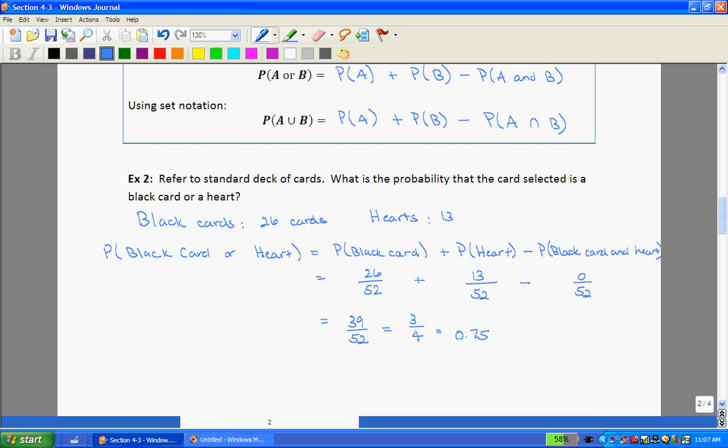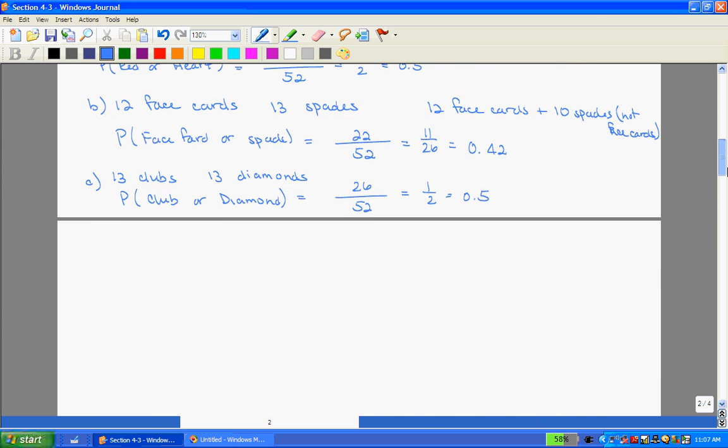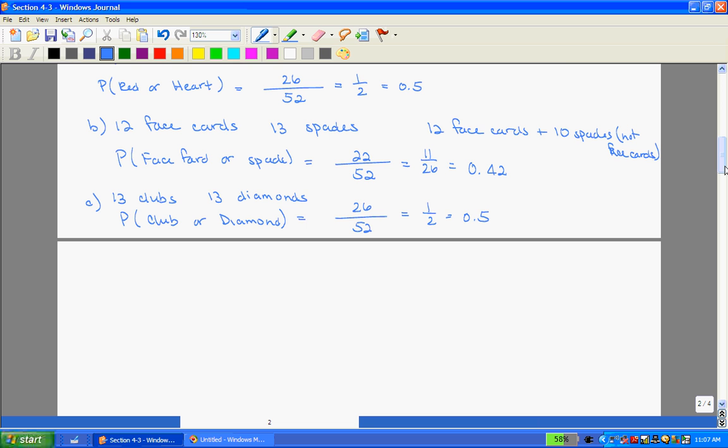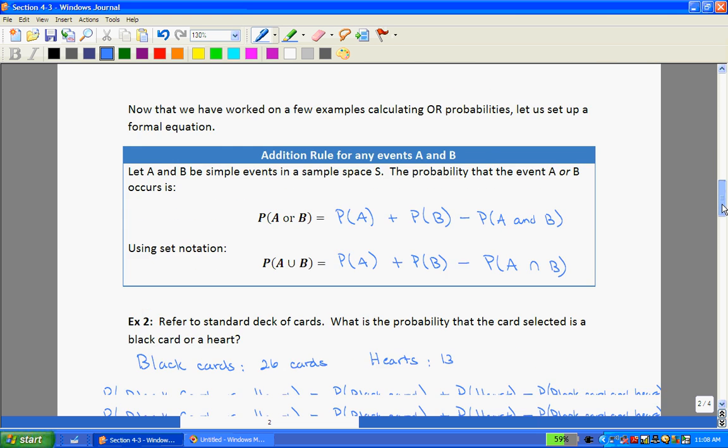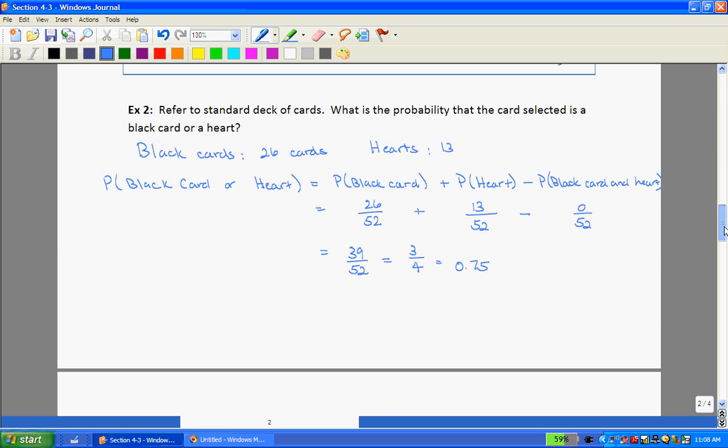We kind of saw that in example 1, part C rather. So here with the clubs and the diamonds, we didn't have to subtract off anything because there were no clubs that were also being counted as diamonds. And that's also what happened here with that 0.